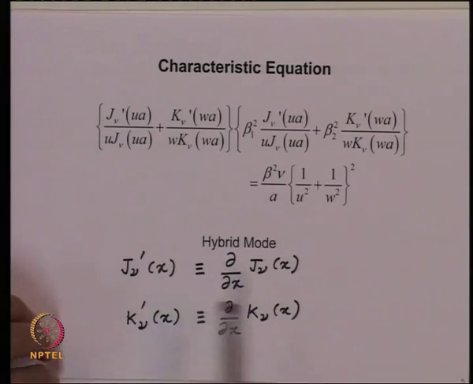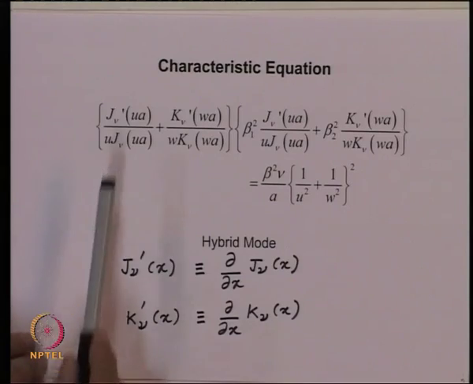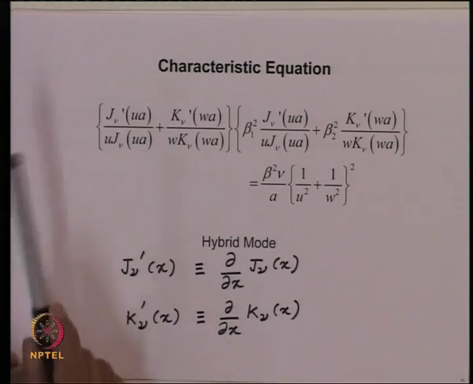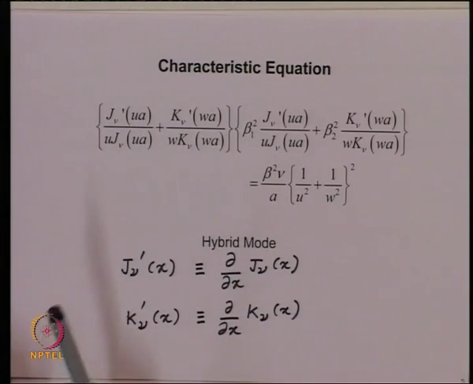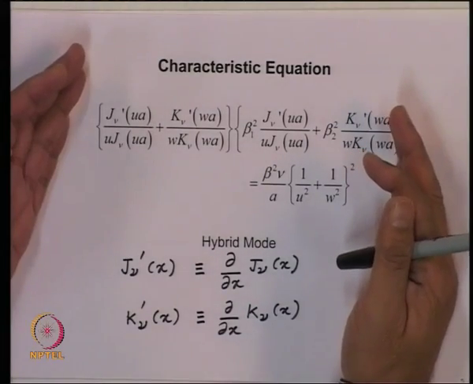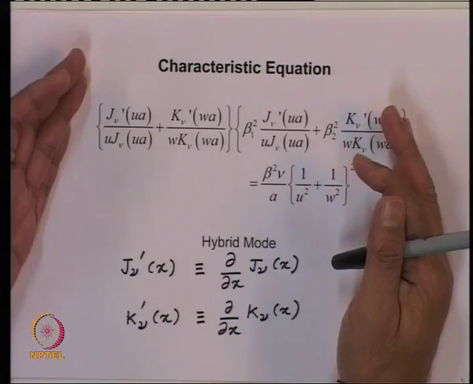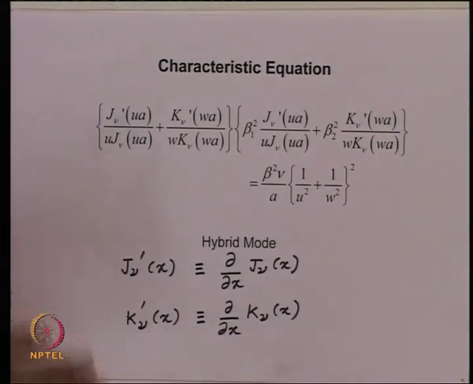So just for the simplicity, we write down the characteristic equation in this form. So you have here a derivative of Bessel function, you have a derivative here for the modified Bessel function, and this equation essentially now represents the characteristic equation for a general mode which is having all 6 components.